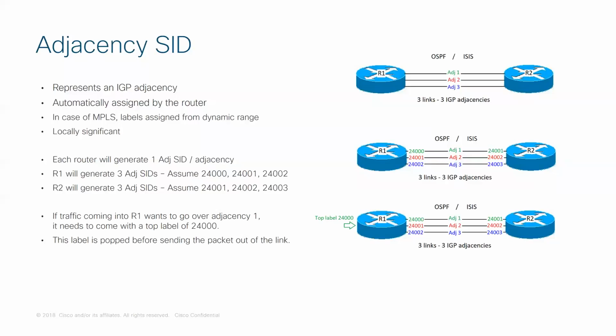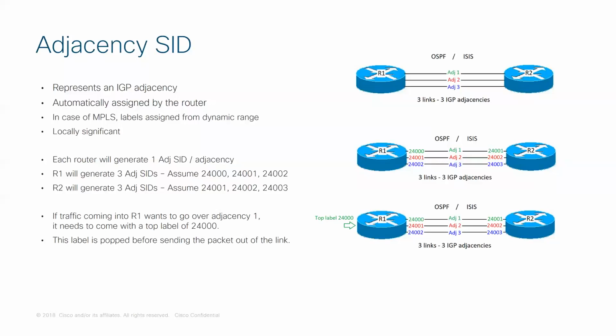The meaning is local. But the question is, do we really advertise? Let's say R1 is getting traffic from somewhere. We don't know what in this picture. But how does that guy know that he has to send it with a top label of 24,000? That's where segment routing traffic engineering comes in. Whoever is sending that traffic has a complete topology, including all the adjacency SIDs and node SIDs.